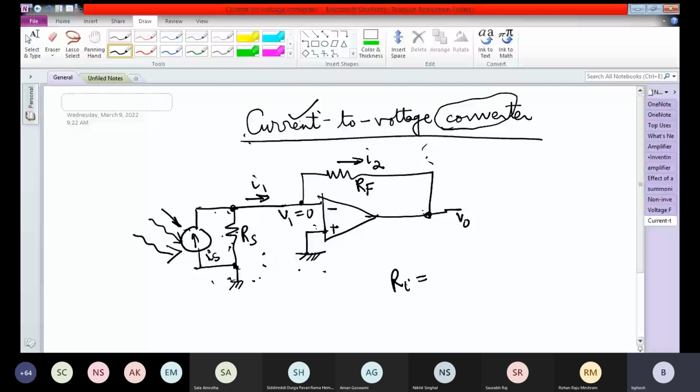So the input resistance Ri looked at here, this is Ri equal to V1 by I1, that is equal to 0.